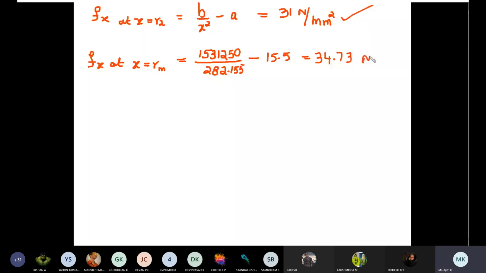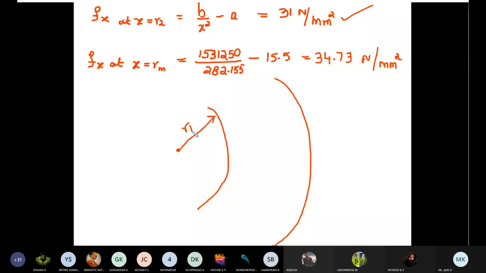So that completes the calculation part. We have to plot this stress distribution now. So one last step. Plot this stress distribution. This is R1, R2. Draw one horizontal line.